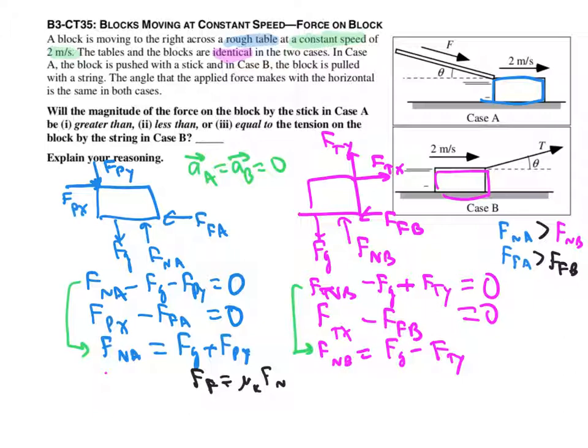But notice that in both cases, the horizontal part is equal to the frictional force because there's no other forces and they have to add to 0. And so that tells us that FPX is greater than FTX.